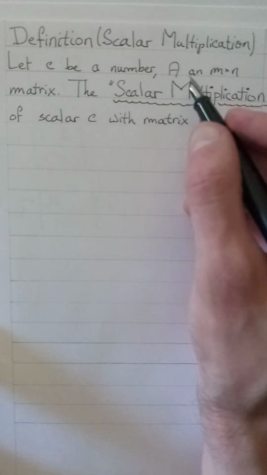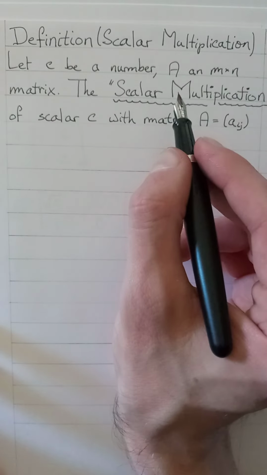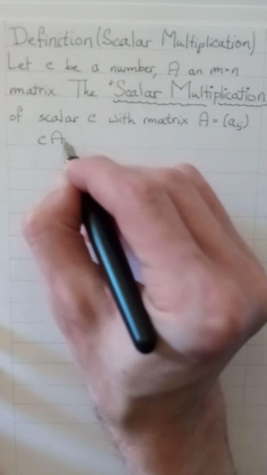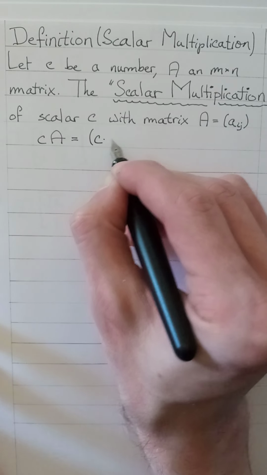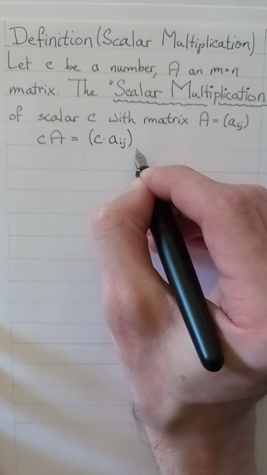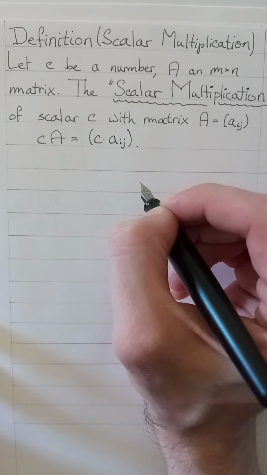So if you let c be a number, you let A be an m by n matrix fixed, then we define the scalar multiplication of c with matrix A to be, and we write it just c times A, equal to precisely what we just had, c times Aij. That's it, nothing terribly fancy.